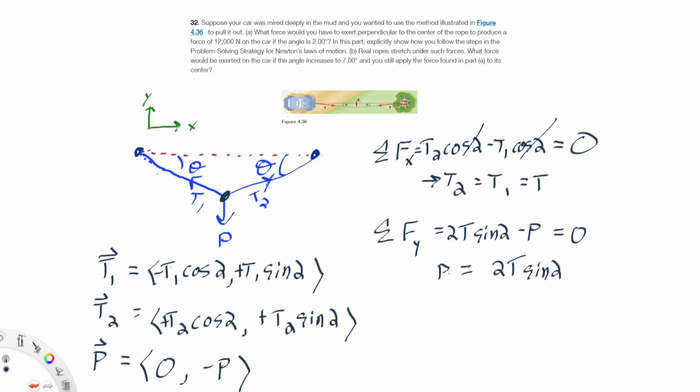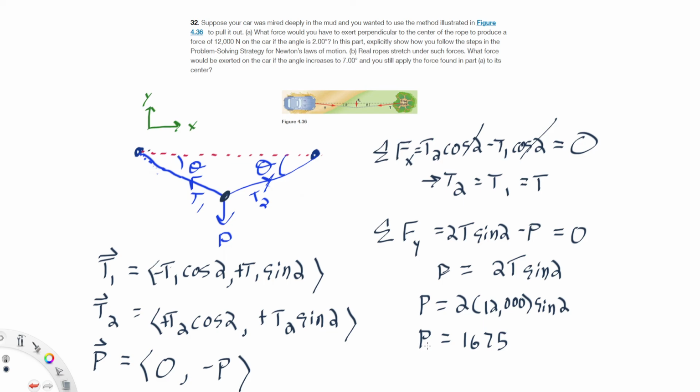Okay. And here we know everything on the right hand side. So we want that tension to be 12,000.